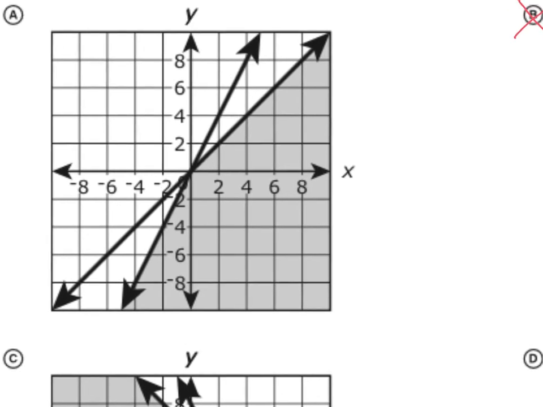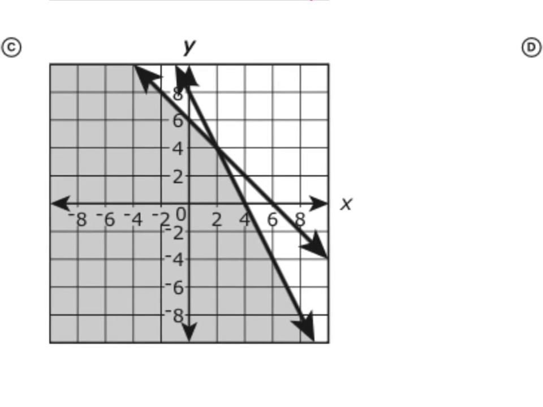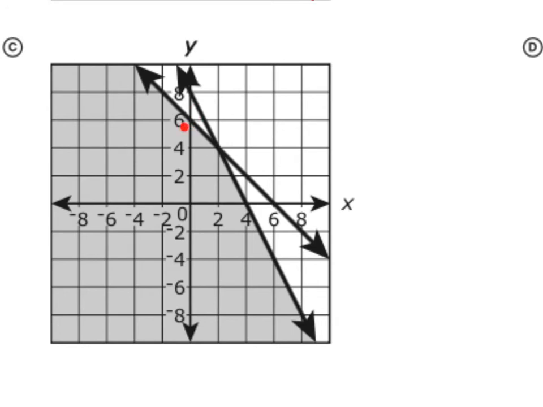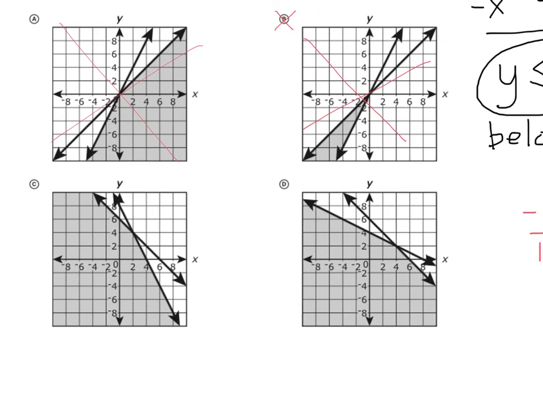Does this one have a y-intercept at 6? No. So I now know this one's not right. Let's look at this one. Does this one have a y-intercept at 6? Yes. That doesn't mean it's right, because I hadn't looked at the other equation, but it also means it's not wrong. But we were able to eliminate A, weren't we?